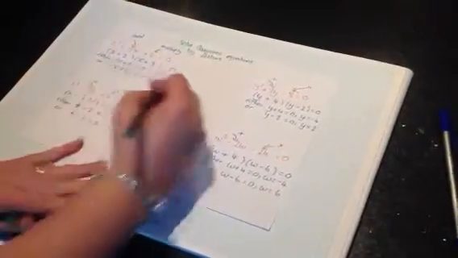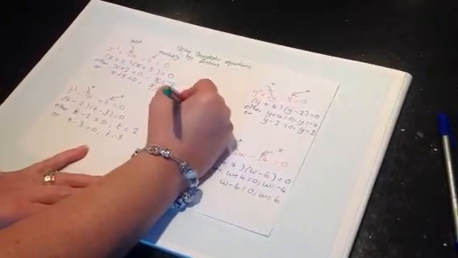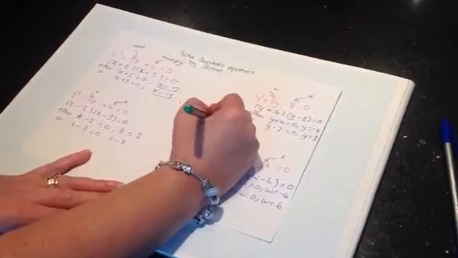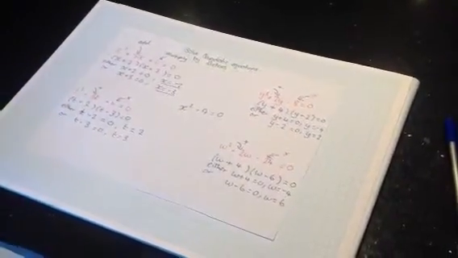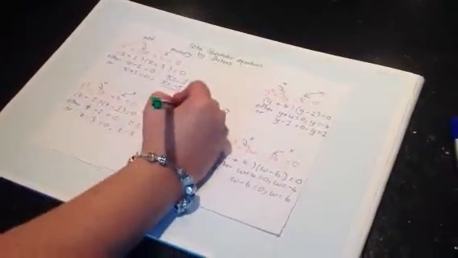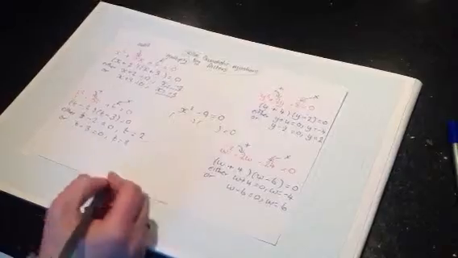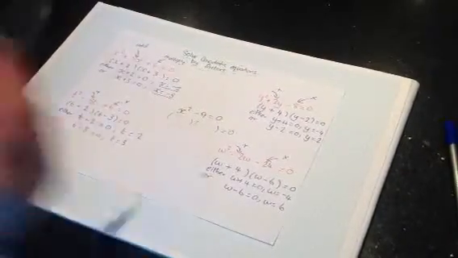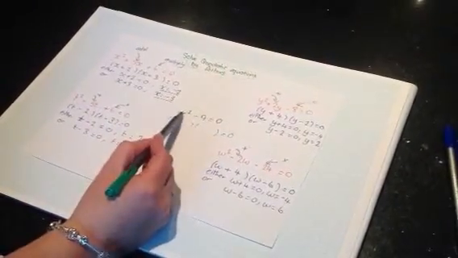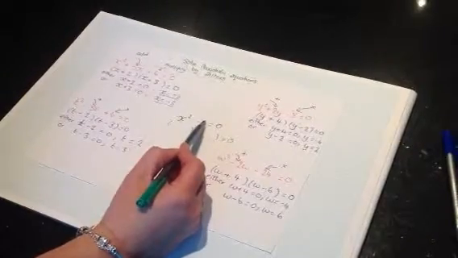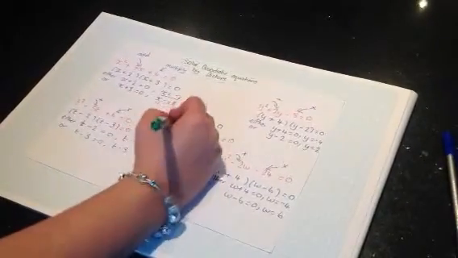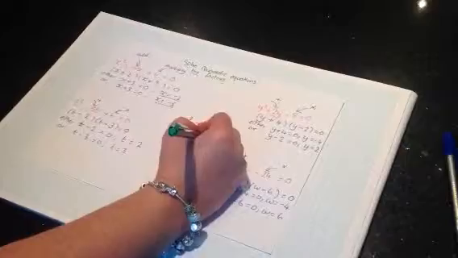We do have a couple of special cases. If, for example, I had x squared minus 9 equals 0. Now this time I've only got 2 terms, not 3. However, it still goes into a double bracket. Now you'll recognise this one as the difference of 2 squares. If you have a square number at the beginning and a square number at the end with a negative in the middle, I will get an x and an x.